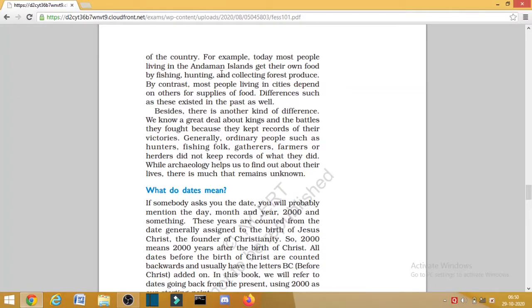I mean, those people who are living in Andaman Islands. By contrast, most people living in cities depend on others for supplies of food. See, to compare the people who are living in cities and the people who are living in Andaman. City people depend on others for supplies of food.